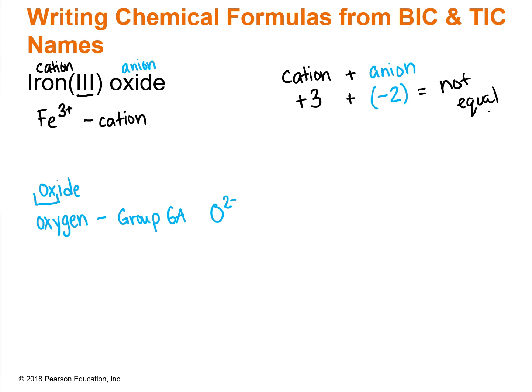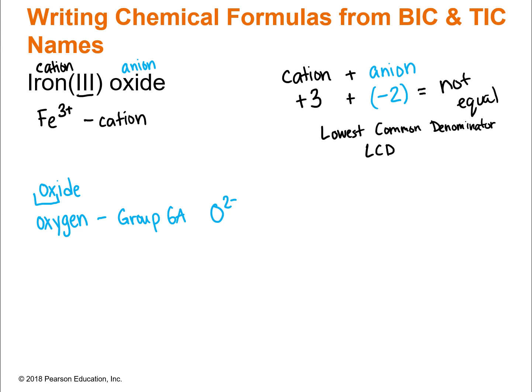So that means that we have to have multiples of something. We've got to have more cations, more anions. We've got to balance this out. What you're looking for is the lowest common denominator, otherwise abbreviated as LCD.